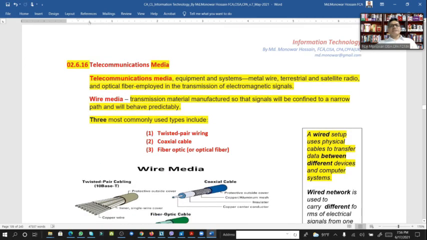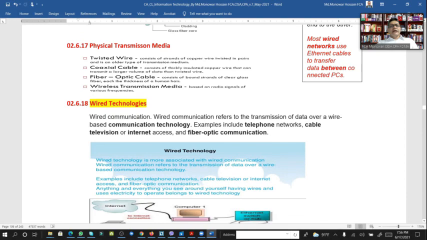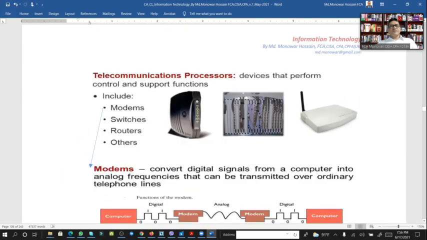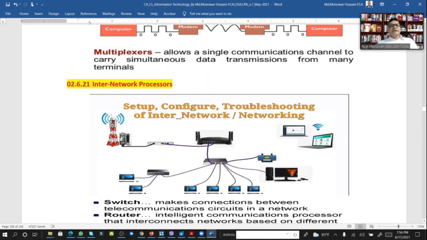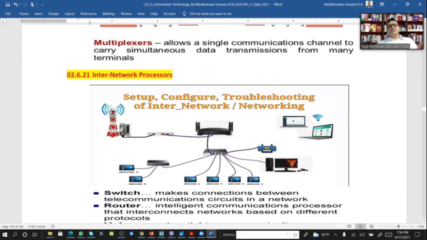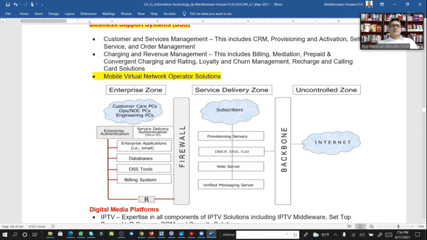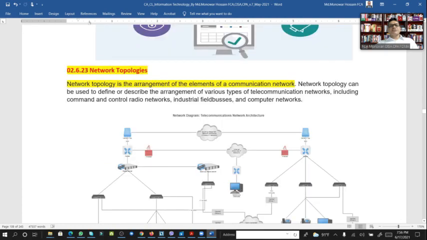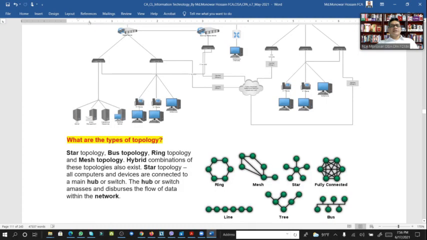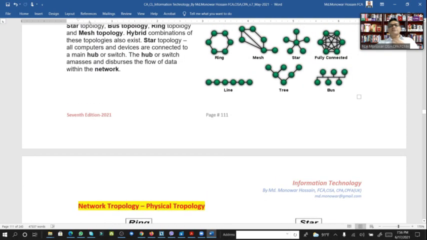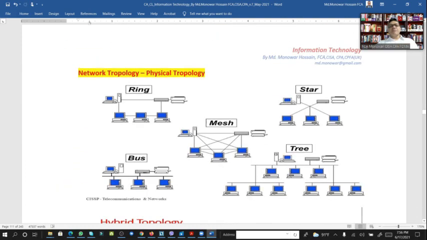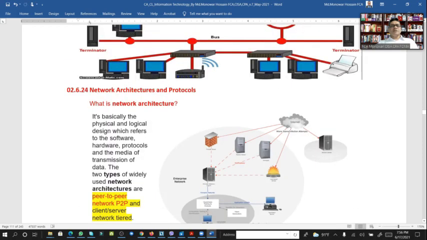We have seen telecommunication media, wired technologies, wireless technologies, and internetwork processors. Then we have seen the network topologies: ring, mesh, star, fully connected, line, tree, bus, and also hybrid.